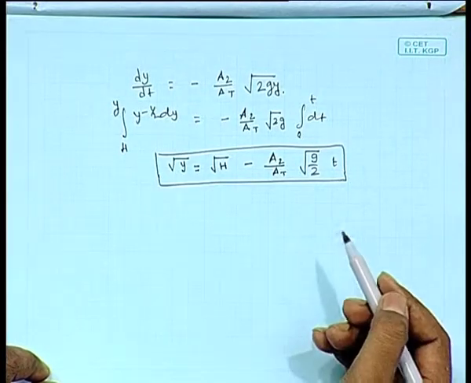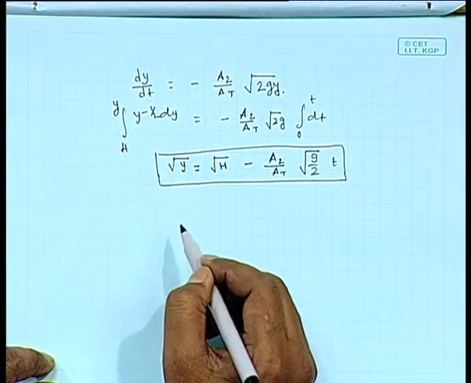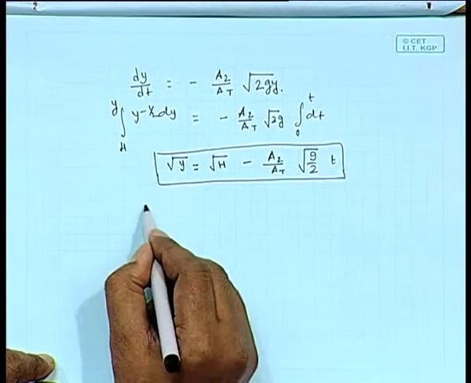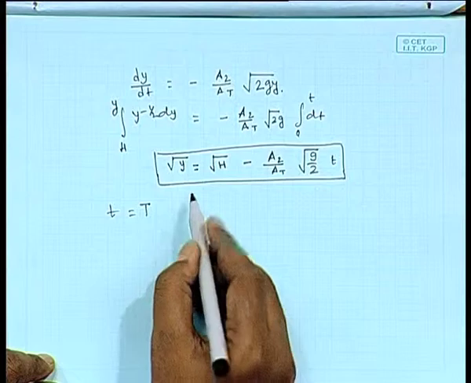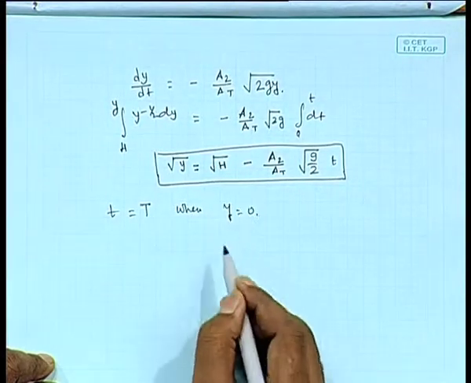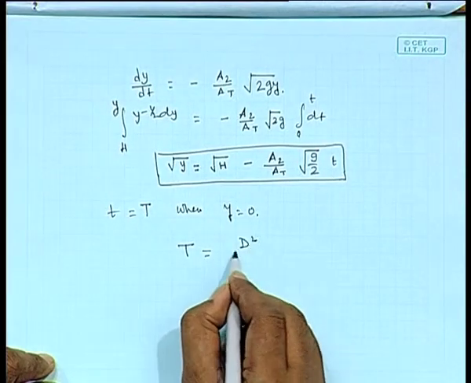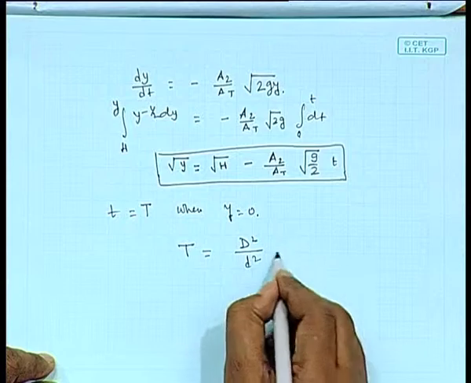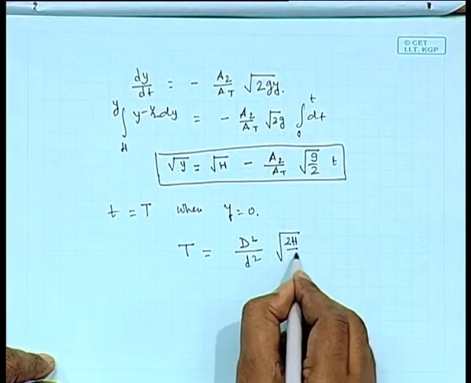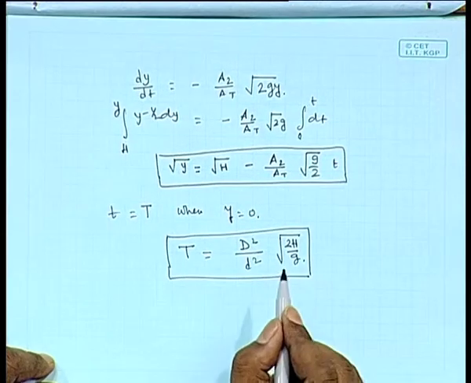Now, the time required to evacuate the tank is when y will be equal to 0, and this t will be D square by d square times under root 2h over g.